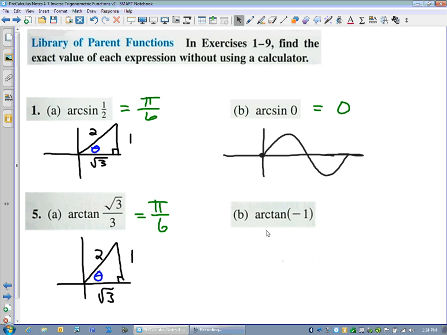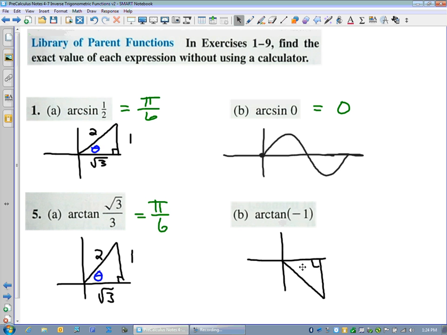And then for the last one, the arctan of -1. Again, 1 or -1 is not a quadrantal value for tangent. It is for sine and cosine, but not for tangent. So we are going to draw a triangle. It's negative, so we're not in quadrant 1. So that means we're in quadrant 4. Sine and tangent are 1 or 4. Cosine is 1 or 2.